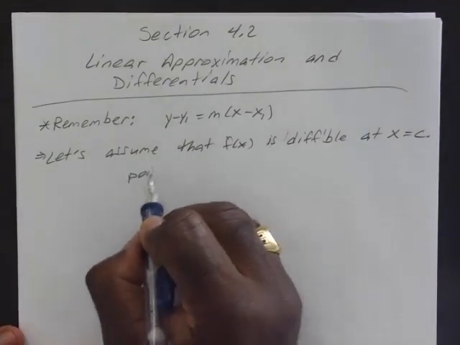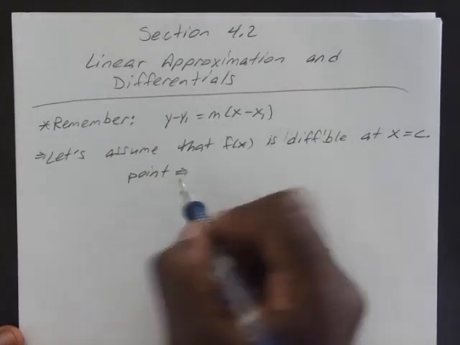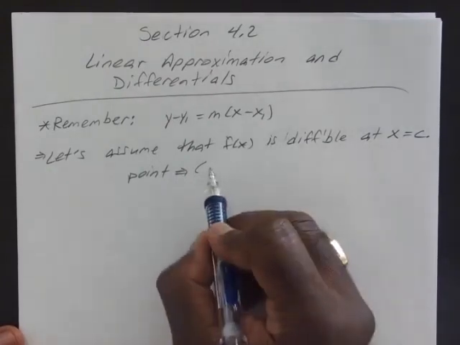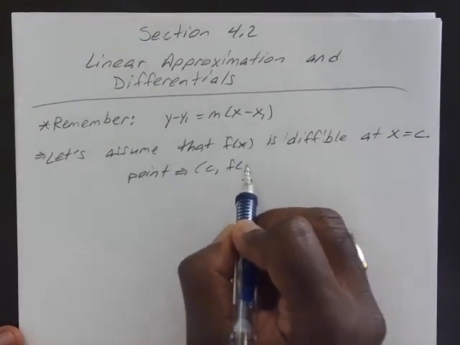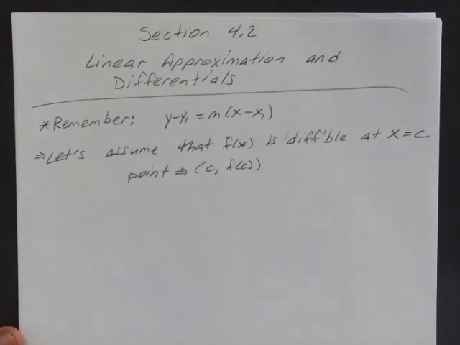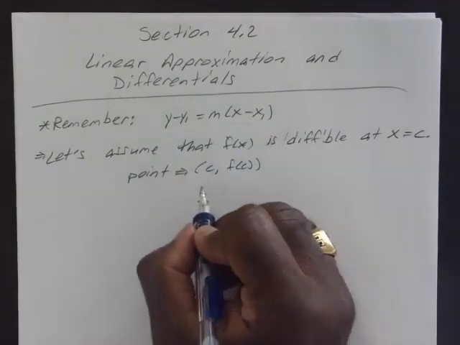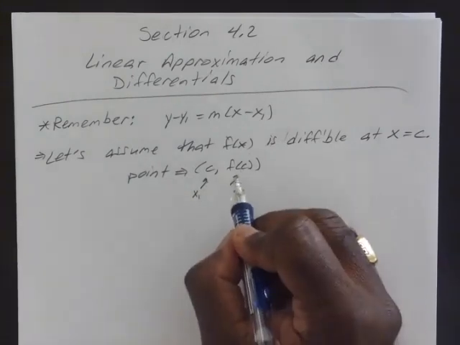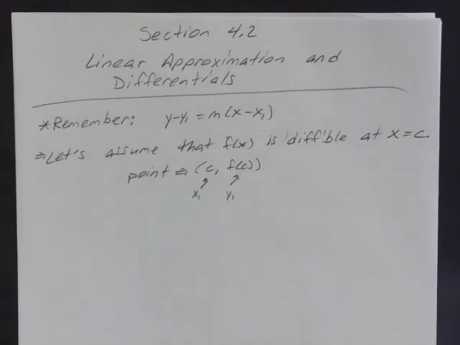That means your point on the graph would be x, f of x, or c, f of c. Since we're looking for the point, we'll say that's our x1, and that's our y1.